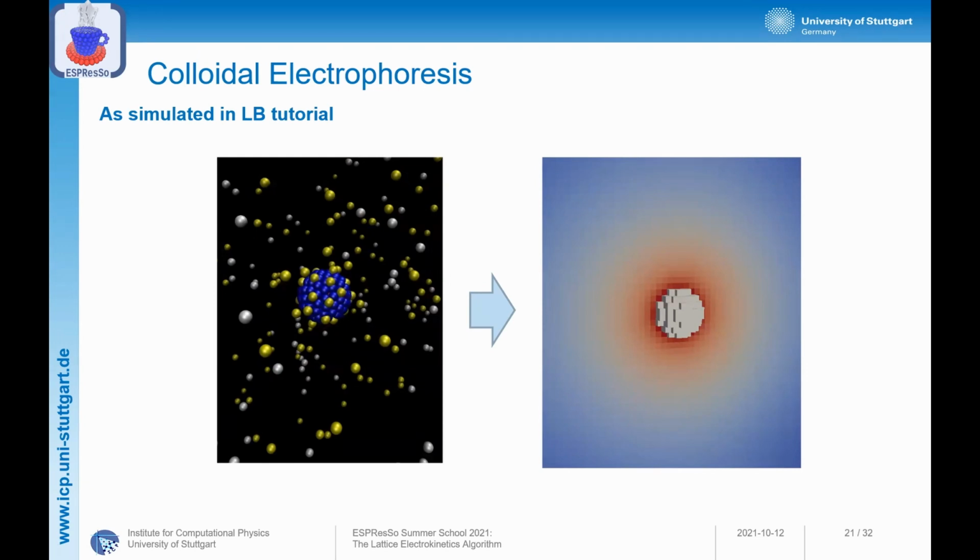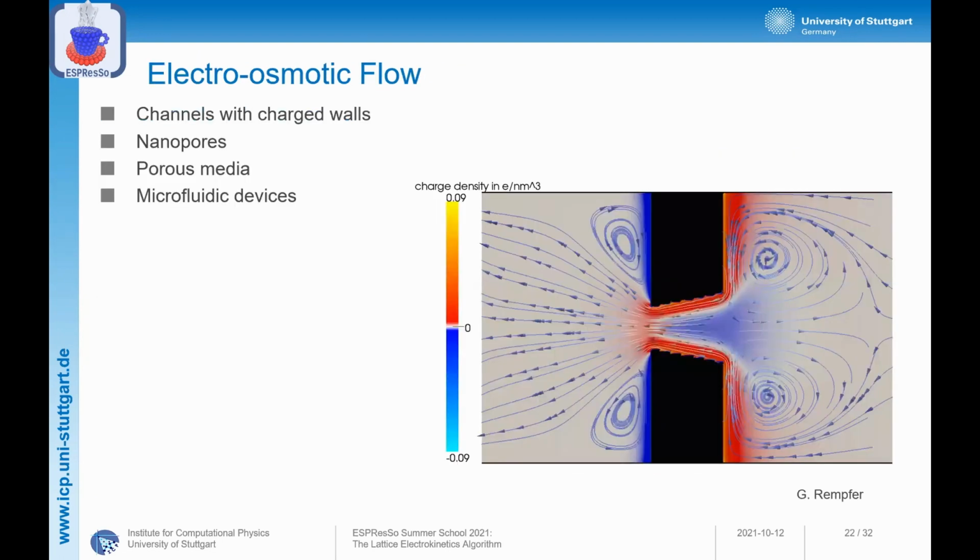So with the electrokinetics method, you can show those accumulations or depletions of densities. You can also use them in a more sophisticated way using, for example, electro-osmotic flow.